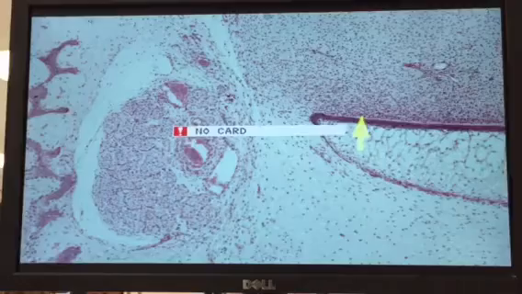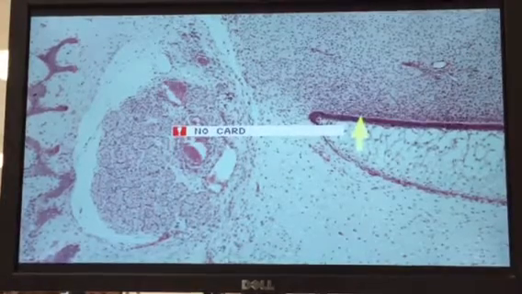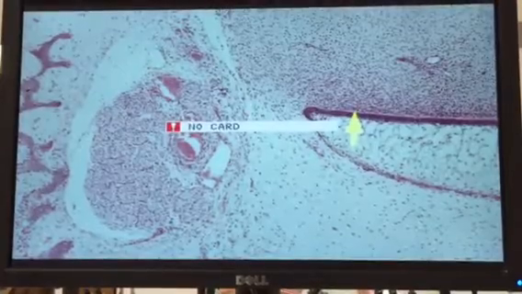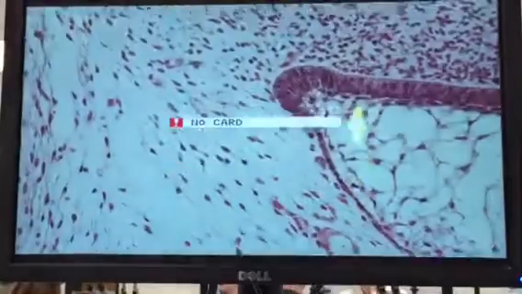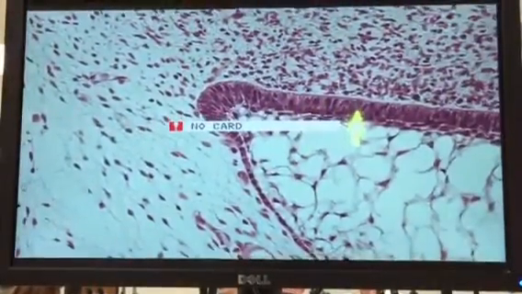We can see that there is indeed a basement membrane between the cells of the inner enamel epithelium and the dental papilla. And so right in here, we don't see any sort of change in the cells of the dental papilla. So these ameloblasts would still be in the morphogenic stage.